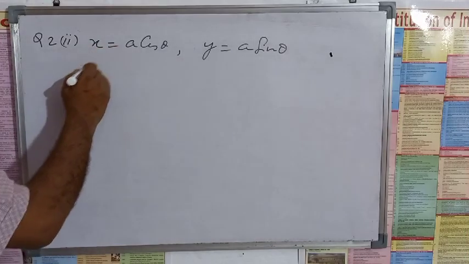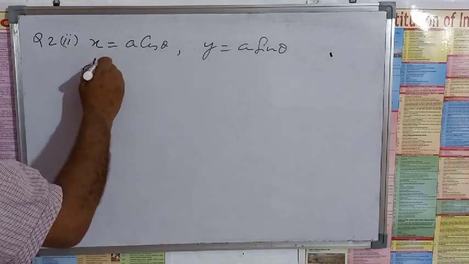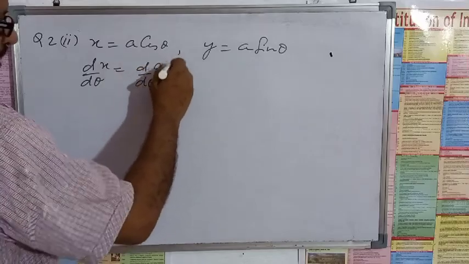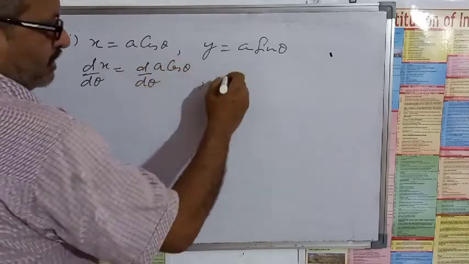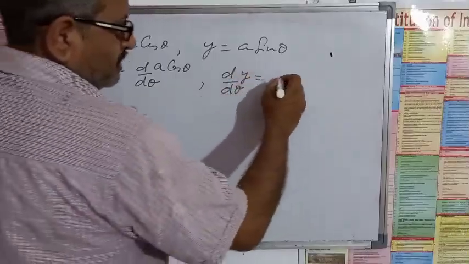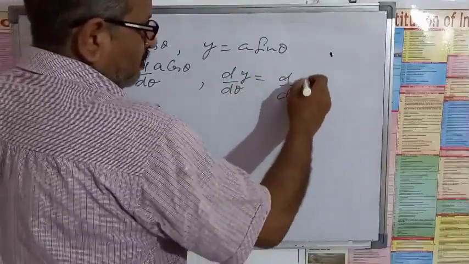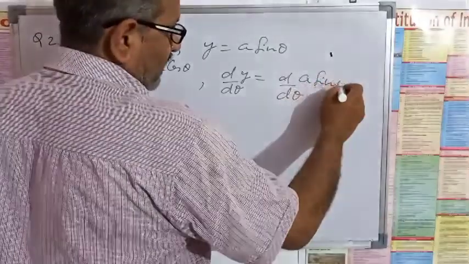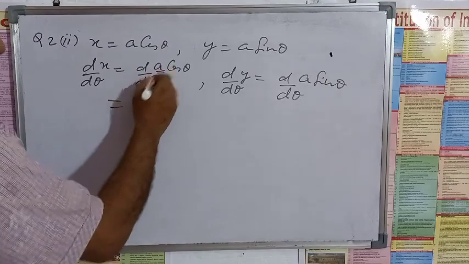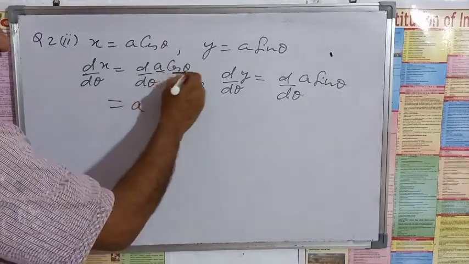So d by d theta of x, d by d theta of a cos theta, and d by d theta of y, d by d theta of a sin theta. a is constant, take it outside. What is the derivative of cos theta?